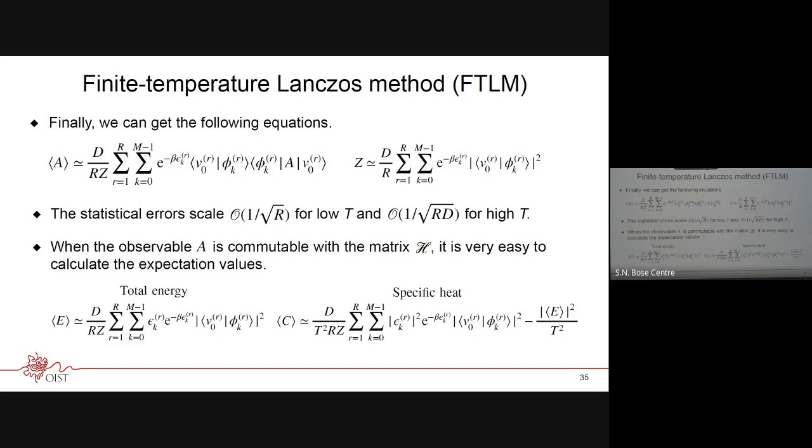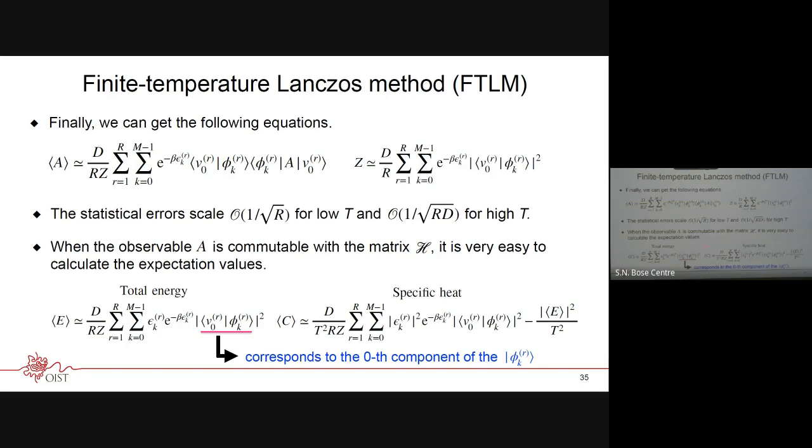And for example, if the observable is commutable with the Hamiltonian, such as the energy, it is very easy to calculate these expectation values. So, for example, the total energy and the specific heat are written by this equation. We can deal with this equation in my Python sample code later.